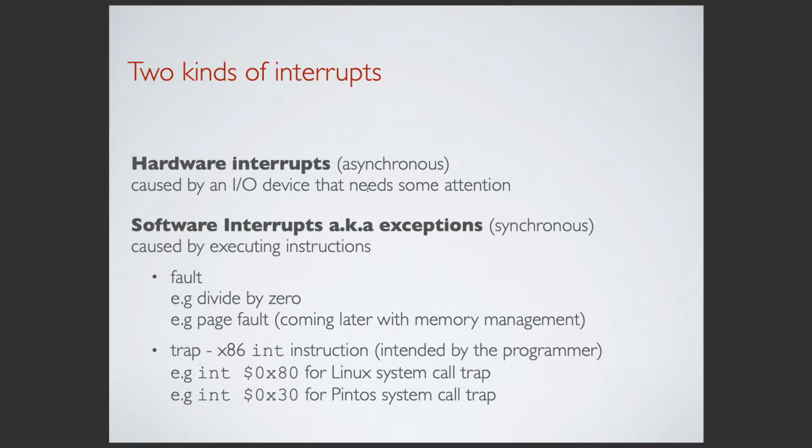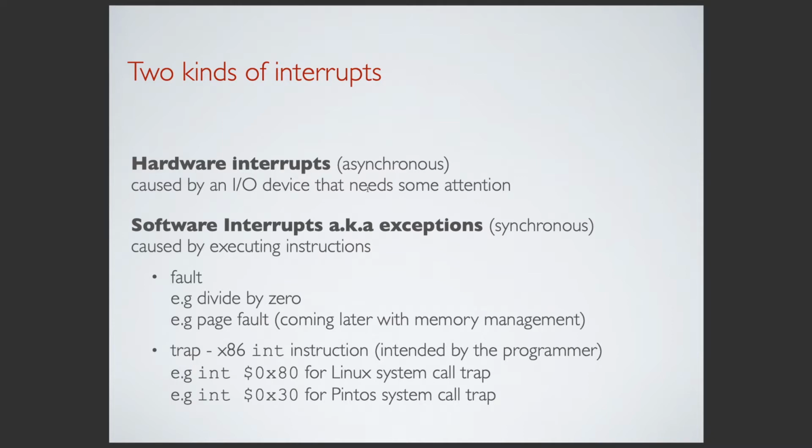And as soon as you do that, it's going to stop the CPU and the CPU is going to do something. Why is it useful? Well, one of the main uses is to call something we call a system call trap. Every time you want to do a system call, you're not going to call the code directly, you're going to do a software interrupt saying, hey, I want to do a system call.